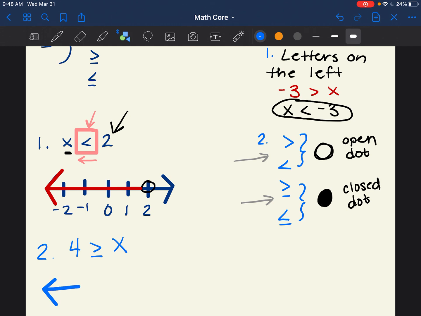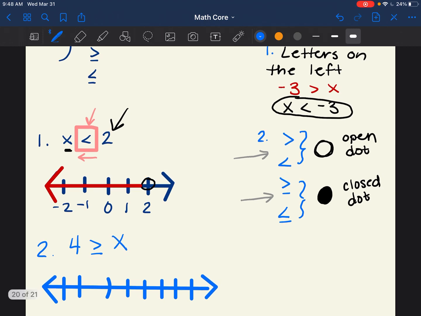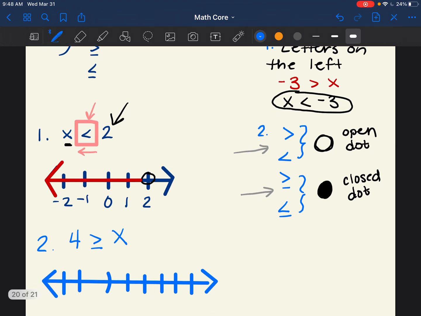Like I said, for the majority of the time, I will provide you with the number lines. So I'm going to fill in my number line down here. -1, -2, -3. Okay, right, so I have 4 is greater than or equal to x.